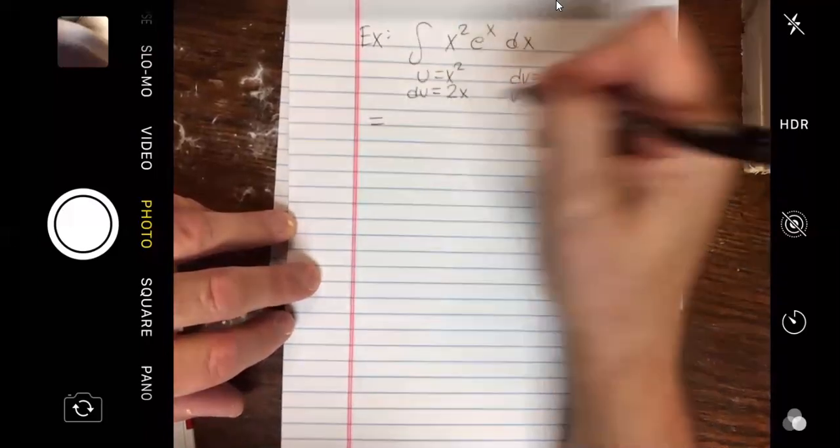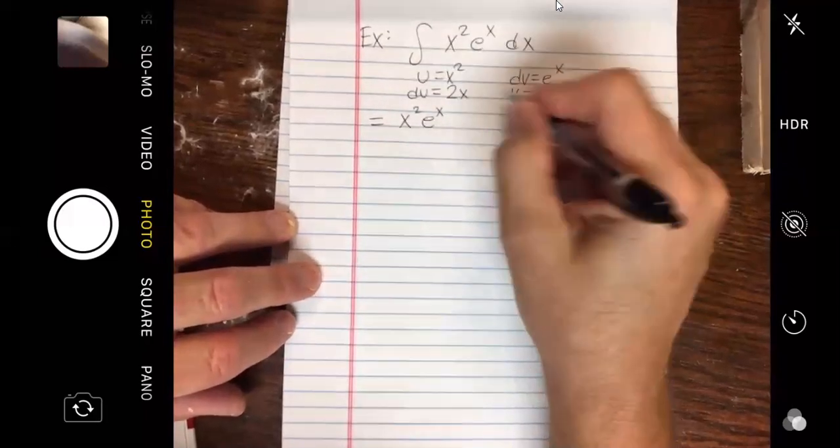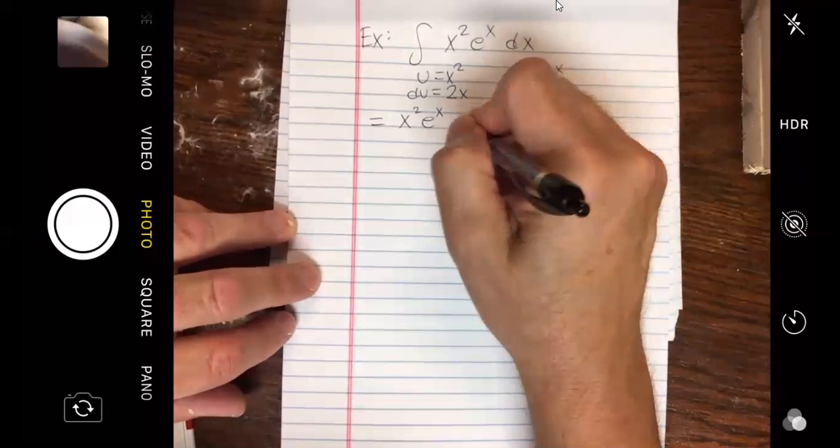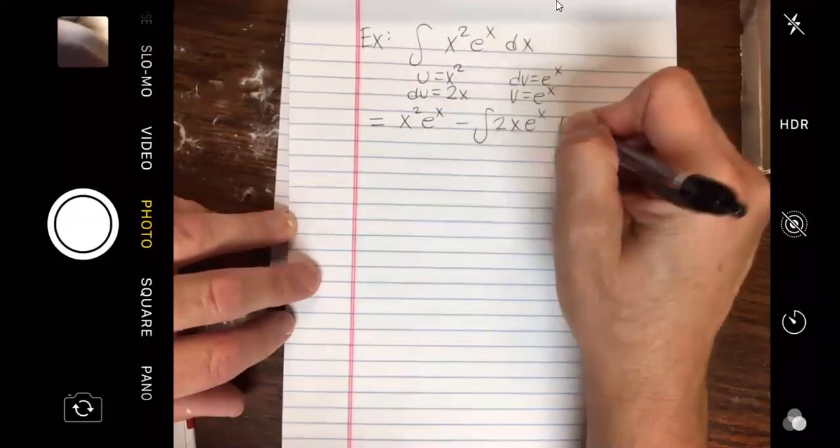Cross product. Hope you're getting used to this by now. Cross product minus integral, bottom row 2x e to the x dx.